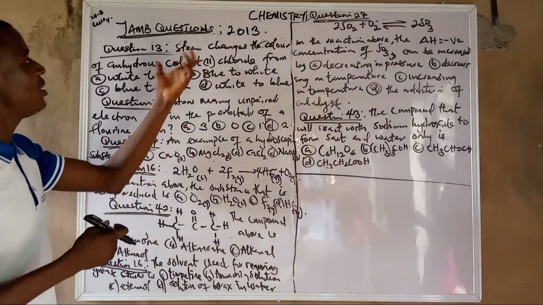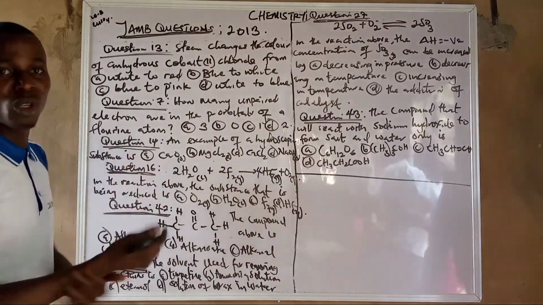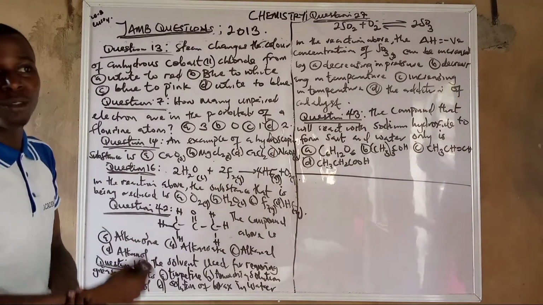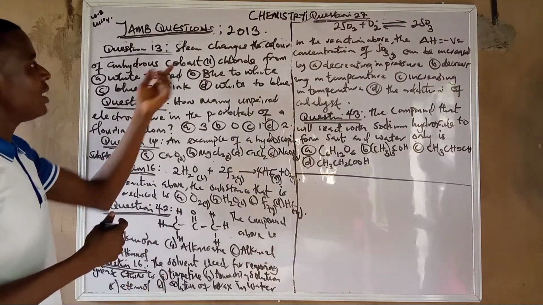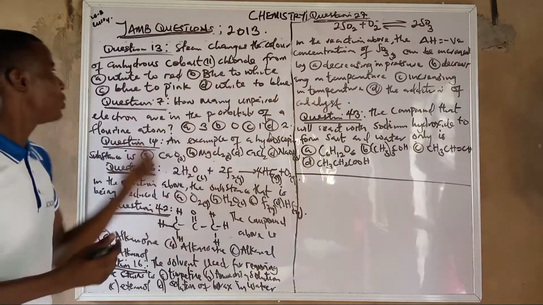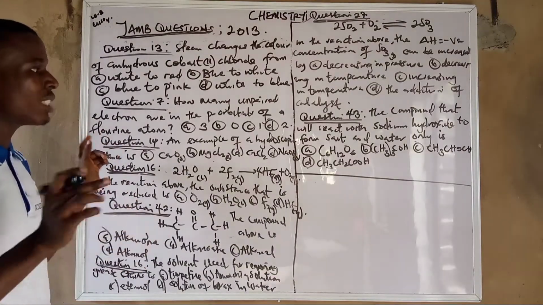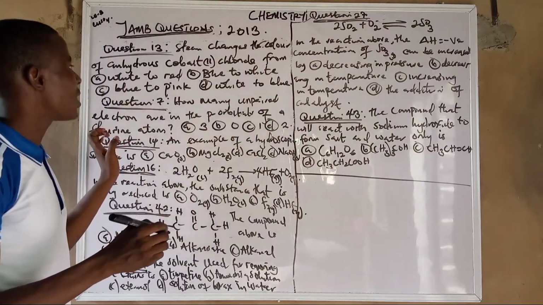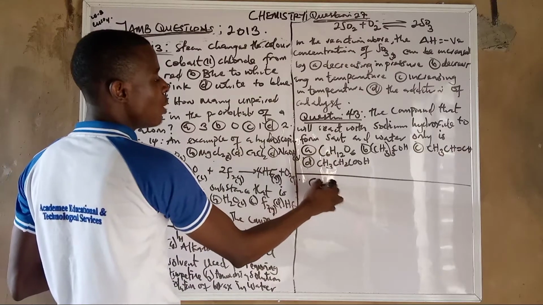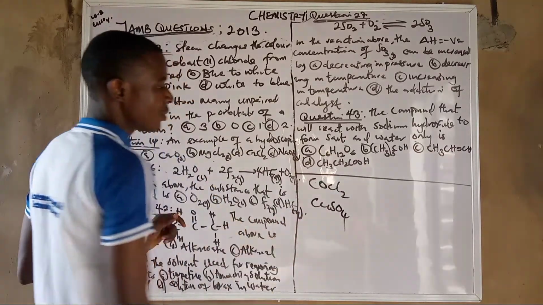The question says, steam changes the color. The first thing you have to have at the back of your mind is that steam is also water, water in form of gas. But the steam changes the color of anhydrous cobalt-2 chloride from... We have only two types of tests for water. Number one, the one for cobalt-2 chloride, and the other, copper sulfate.